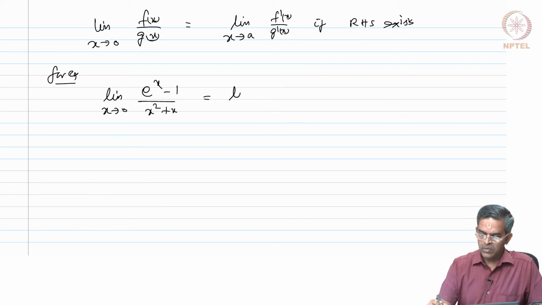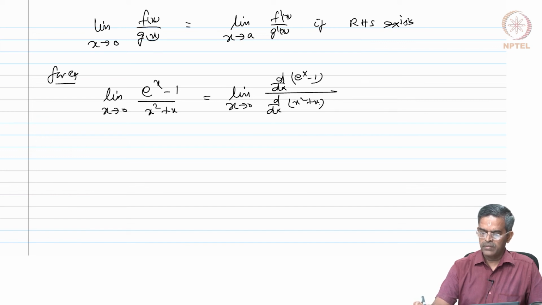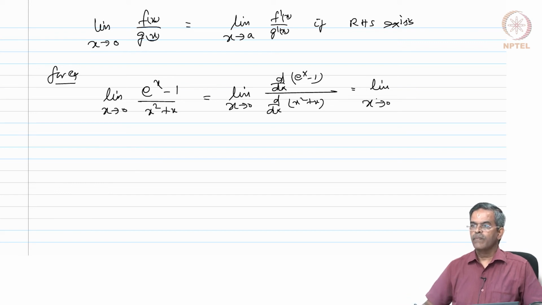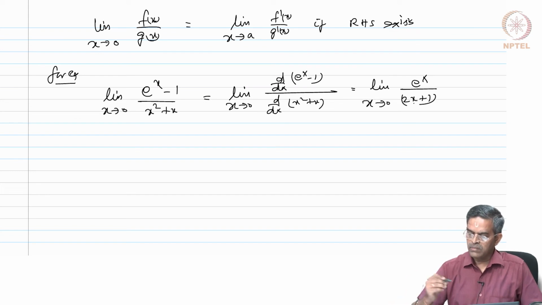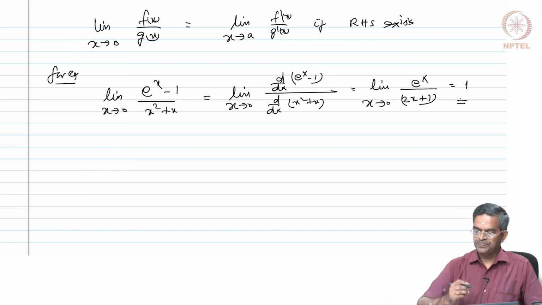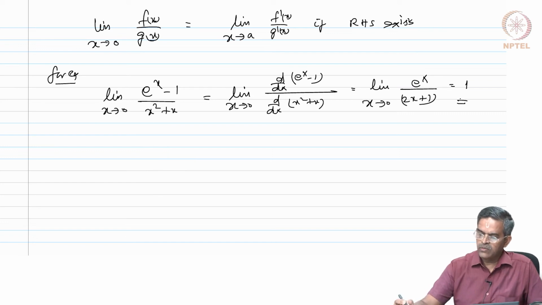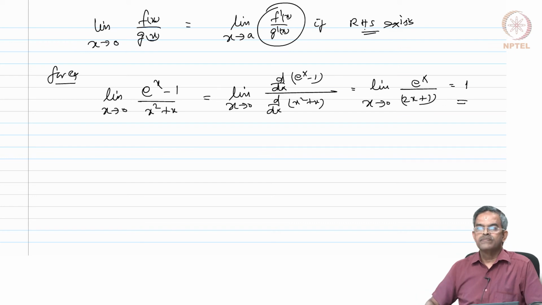So, I can say it is equal to limit x tends to 0 d by dx of the numerator by d by dx of the denominator, which is going to be limit x tends to 0 e power x by 2x plus 1. Now, the answer will be 1, for which the condition is the right hand side should exist. Okay. So, L'Hospital's rule uses derivatives.